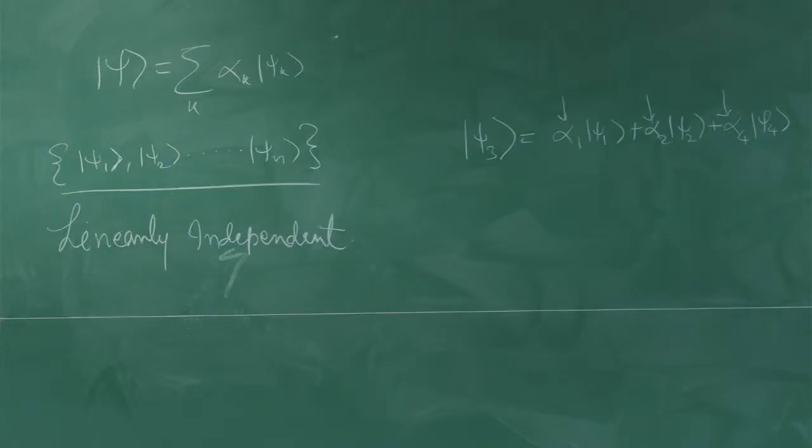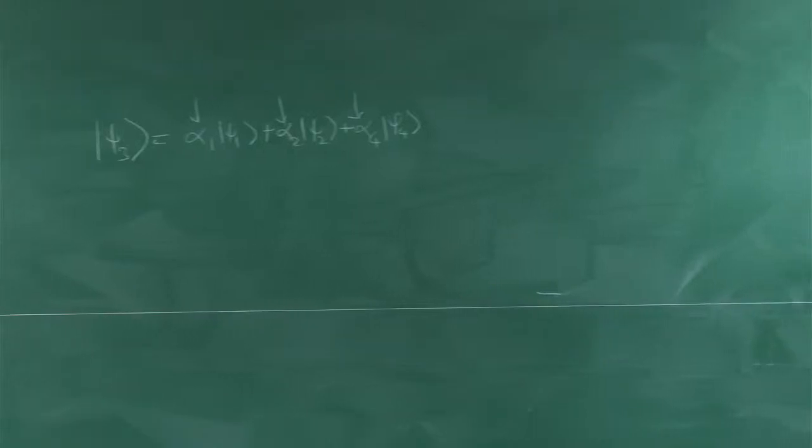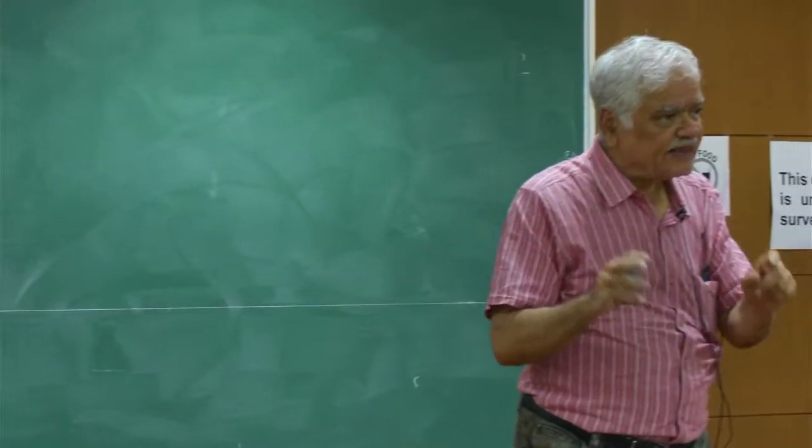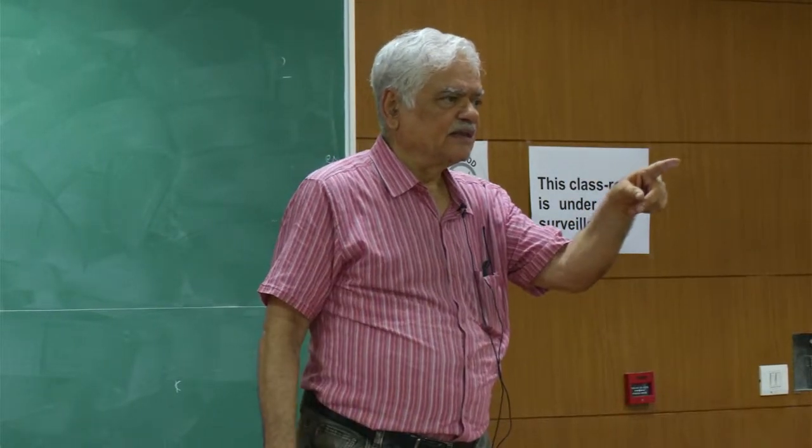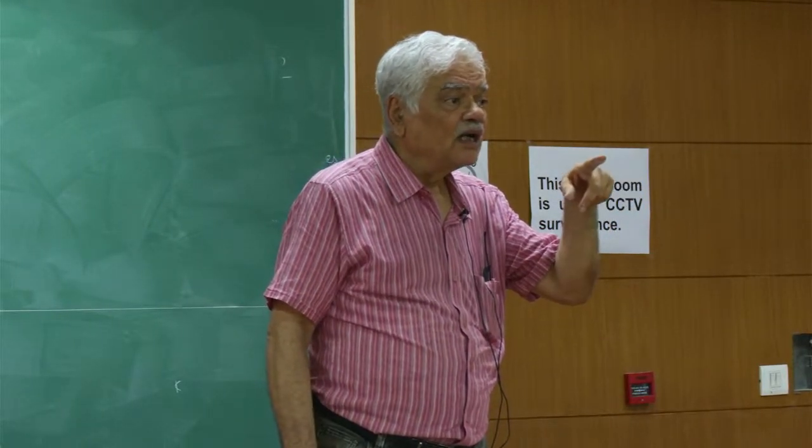I can find a set of states which is linearly independent, such that any state from the state space can be expressed as a superposition of the states from that set. Is it clear?